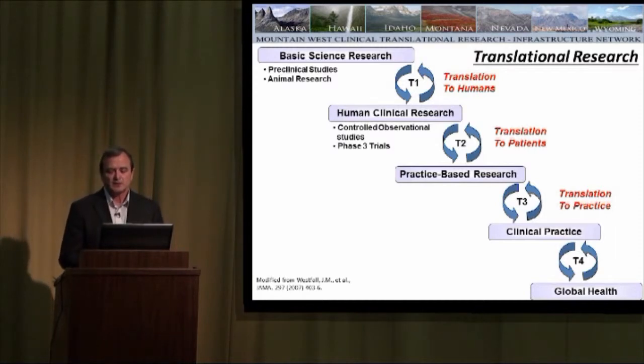T2 research is generally defined as the translation from clinical research to patients into practice-based research, and then T3 into practice, testing what issues modify the applicability of results that are defined in a small group of patients into larger clinical practice. And T4 is the movement of these research findings into changes in global health.